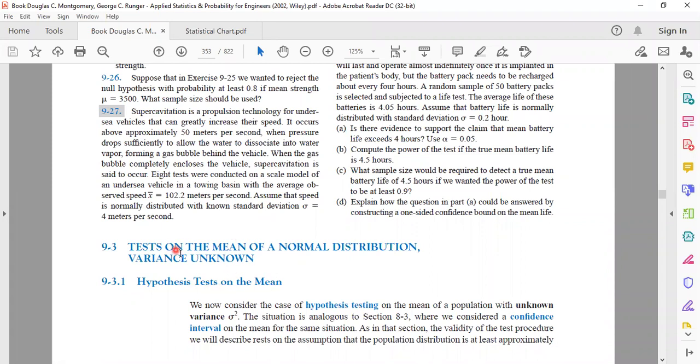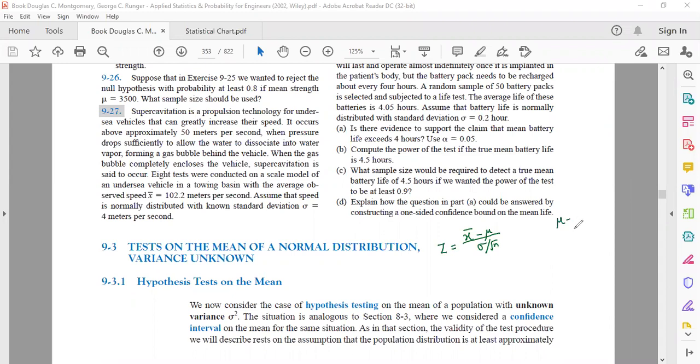Okay, but the only difference is that when we studied the significance test of a single mean of the population, we used the formula (x bar minus mu) divided by sigma over root n, and we used the large sample test.